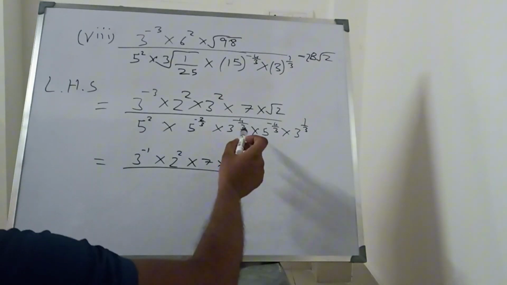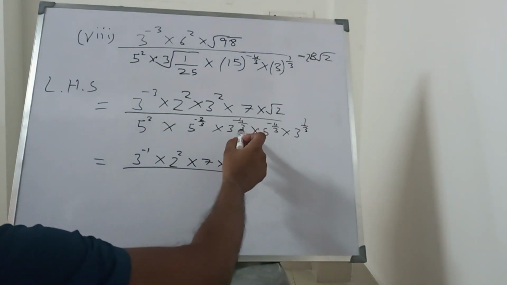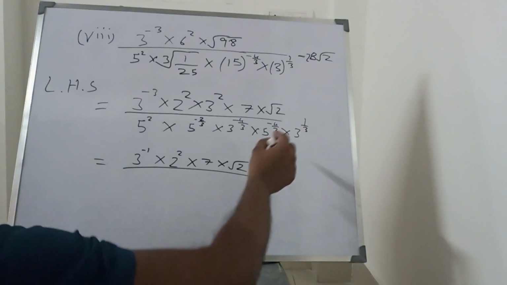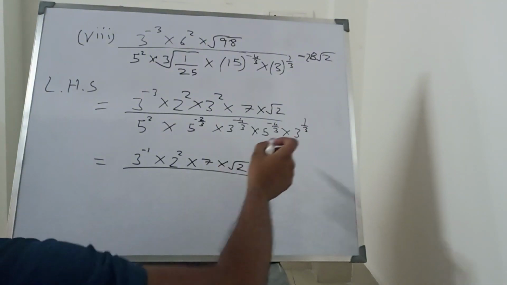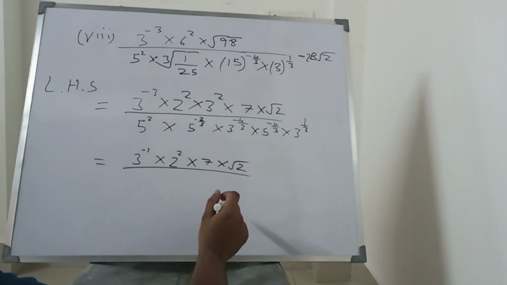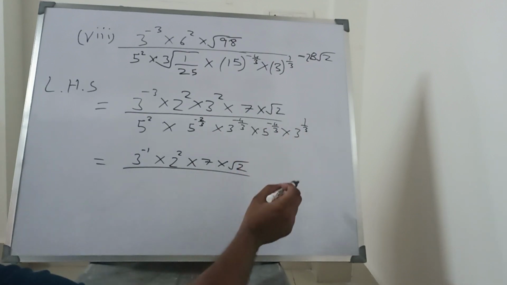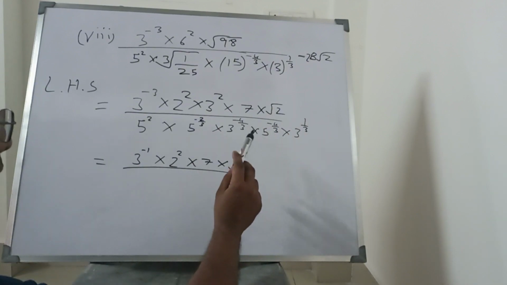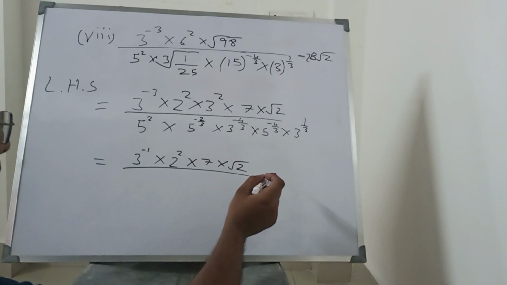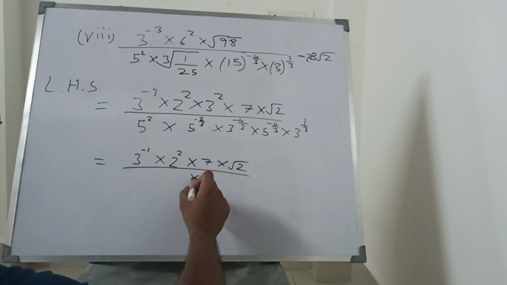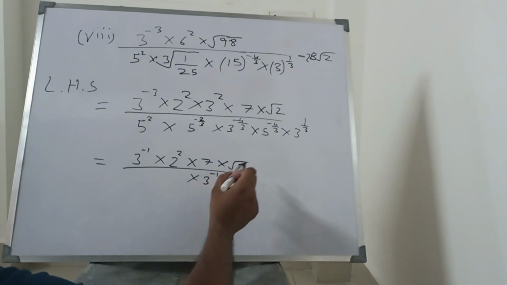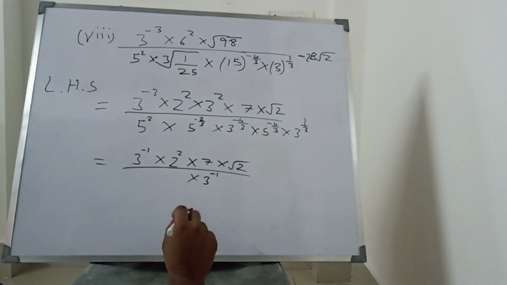So over here we have 3 to the power minus 4 by 3 and 3 to the power 1 by 3. If you take the sum of this, you will end up with minus 3 by 3. So that is minus 3 by 3, which is minus 1. So 3 raised to the power minus 1. So that part is solved.